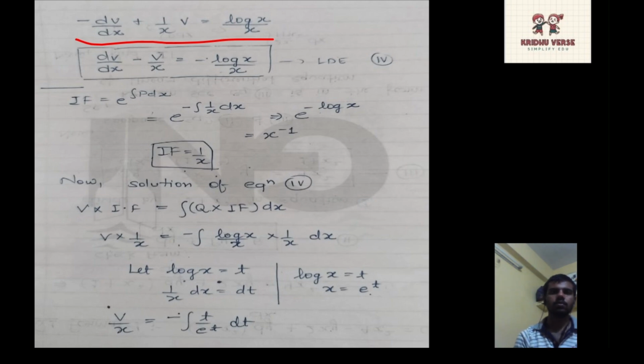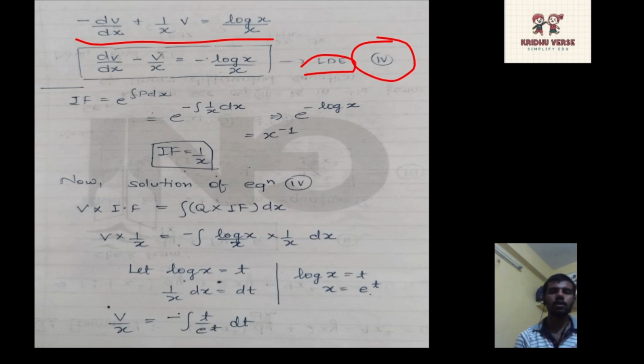Now multiply the whole equation by minus to make the dv/dx coefficient positive. So dv/dx minus v/x, because we multiplied by minus, so plus became minus, equal to minus log x over x. This is a linear differential equation and we consider it as equation number 4. Remember this point.